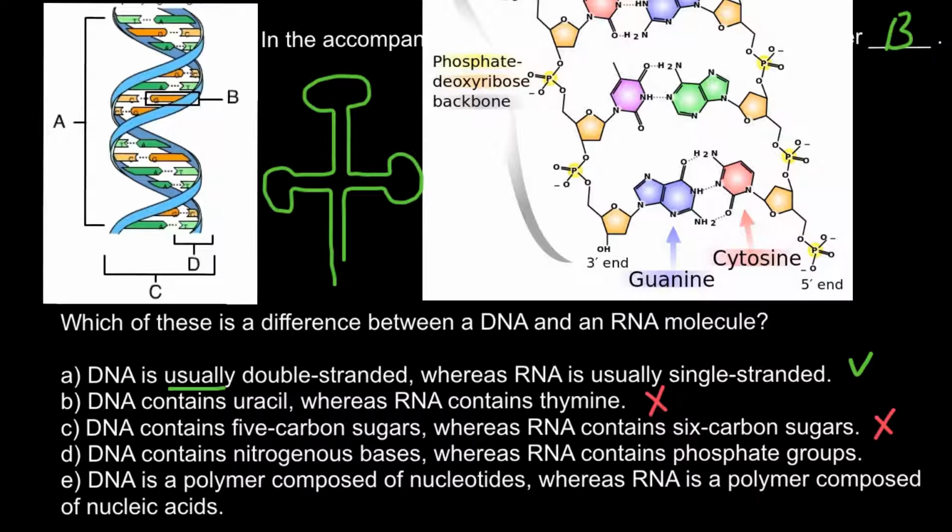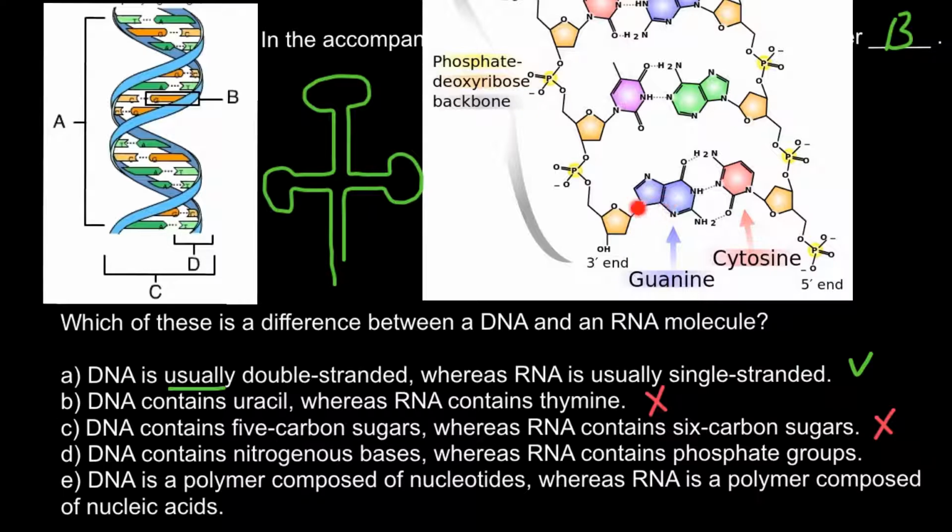And next answer D. DNA contains nitrogenous bases, whereas RNA contains phosphate groups. This is also not true, because both DNA and RNA have phosphate groups that connect nucleotides, and both of them would contain bases that have nitrogen. So all bases have nitrogen.